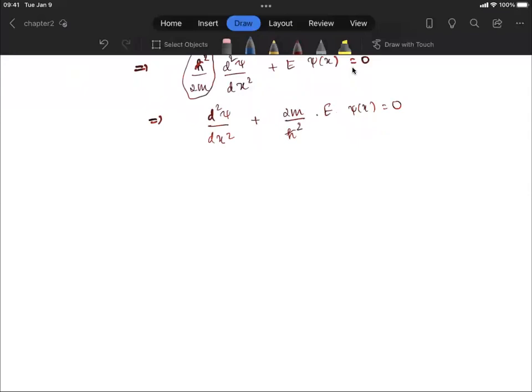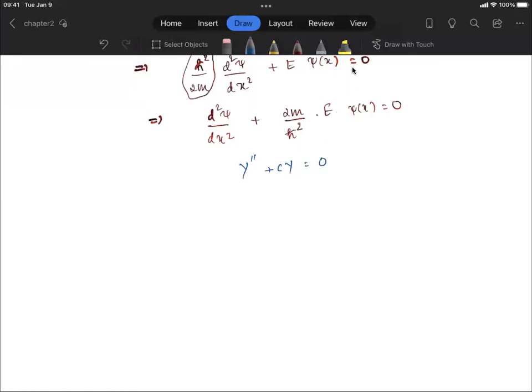Now this is of the form, you can also write it as plus b times some first derivative of y, but because we don't have a first derivative of psi here, b will be zero, so I just wrote it in this form.